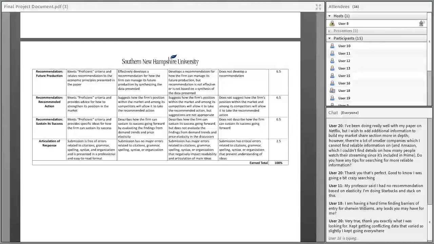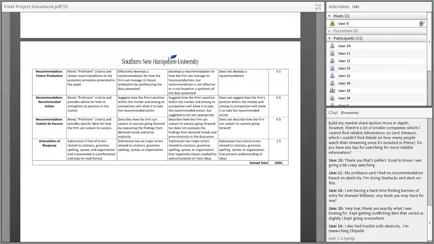So that's what you have to do when you provide your recommendation. In Starbucks, most of the students have established that the demand is price inelastic, because Starbucks has increased its prices through the years gradually, and they don't seem to have lost market share because there's a lot of customer loyalty for them.